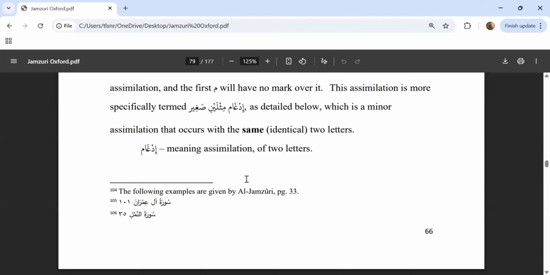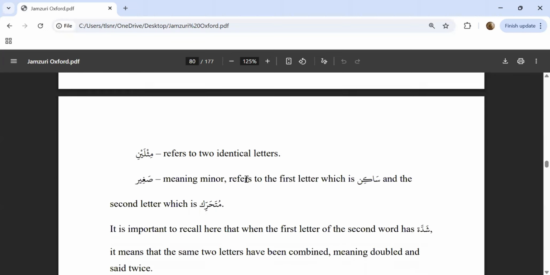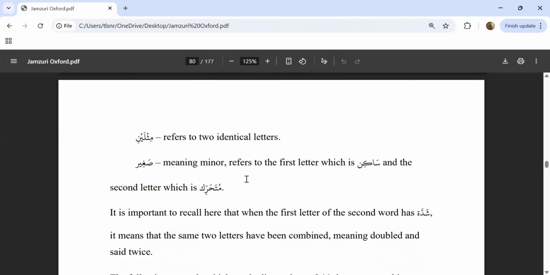Again, idgham meaning assimilation of two letters, and then mithlayn, which refers to two identical letters, the same two letters, and then saghir, which in this case, in the field of tajweed, refers to minor.